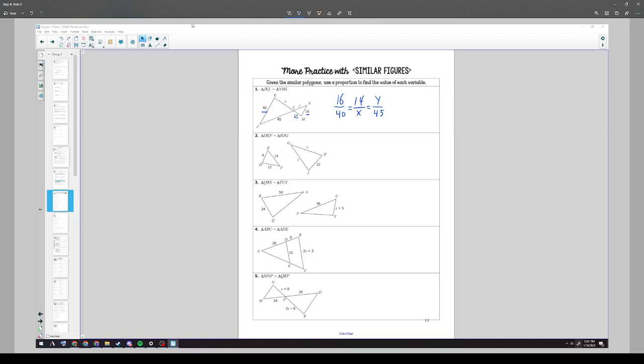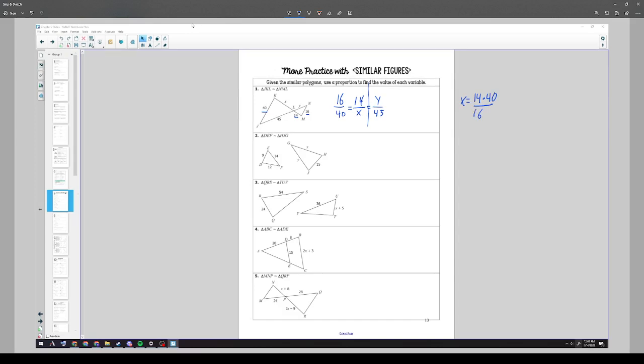Okay, so remember that when we have this extended ratio or extended proportion here, we only need to consider two at a time. So I'm going to block off the y and just look at these two and solve for x. If I rearrange it to solve for x, I get x equals 14 times 40 over 16.